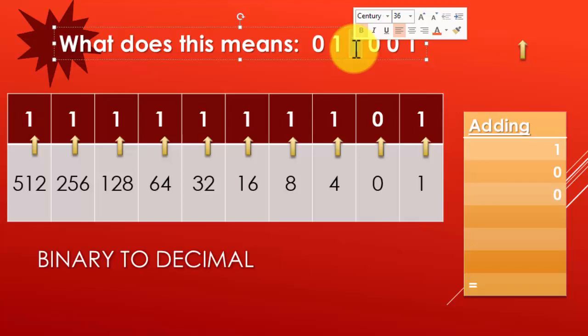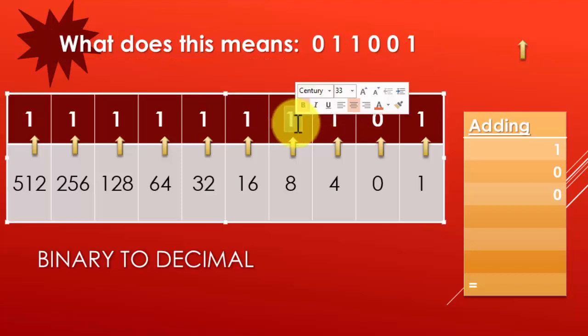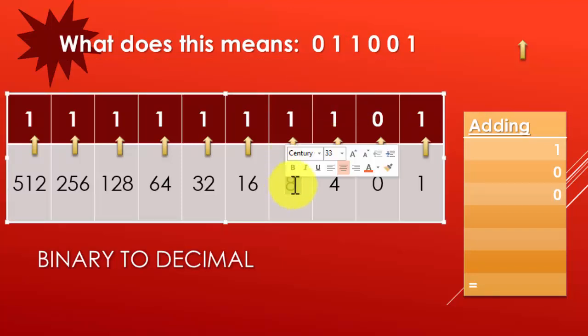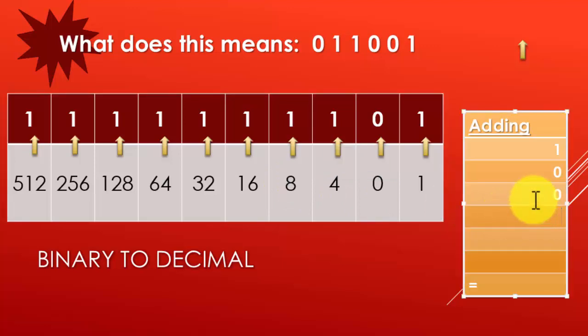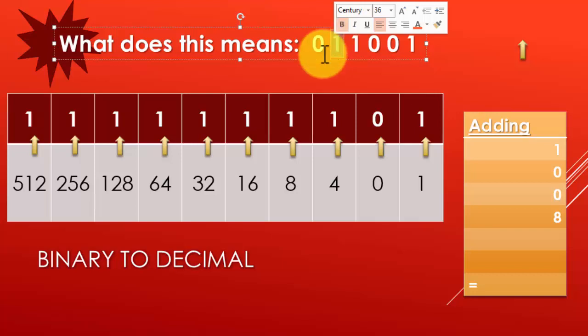In the fourth bit, there is a 1. First, second, third, fourth bit, there is a 1. What do we understand? It's 8. In decimal, its value will be 8. And in the fifth bit, or fifth box, there is a 1.